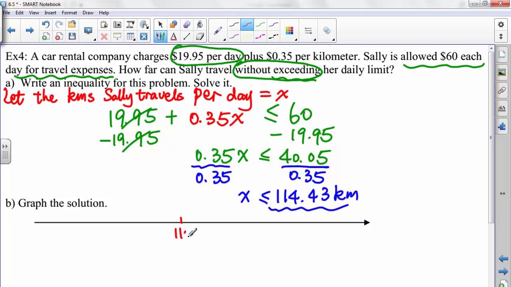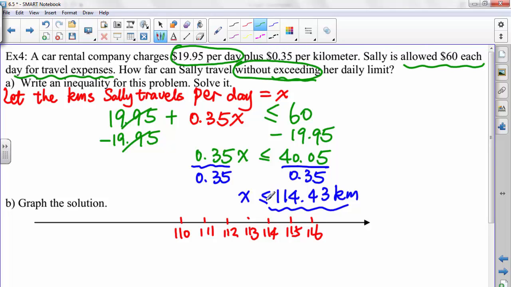111, 112, 113, 114, 115, 116. So 114.43 should be between 114 and 115. It's very close to the halfway between 114 and 115.